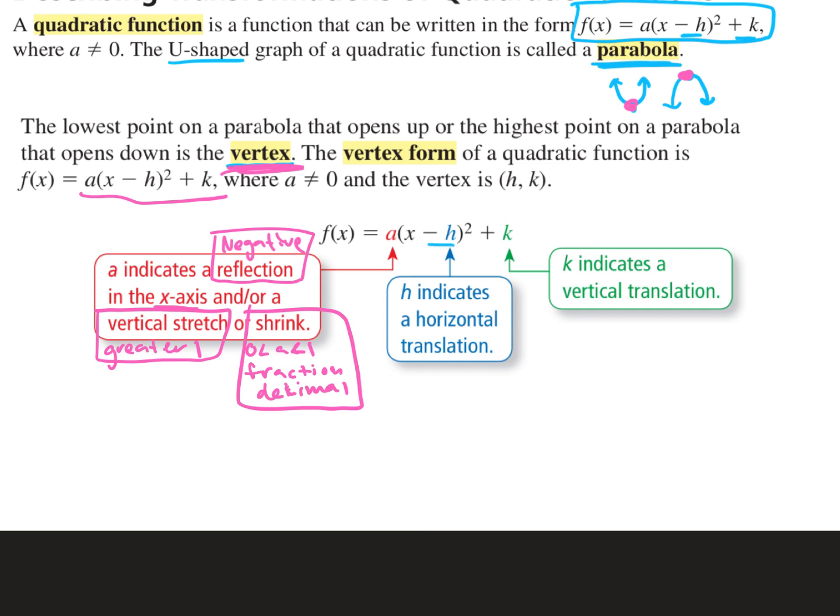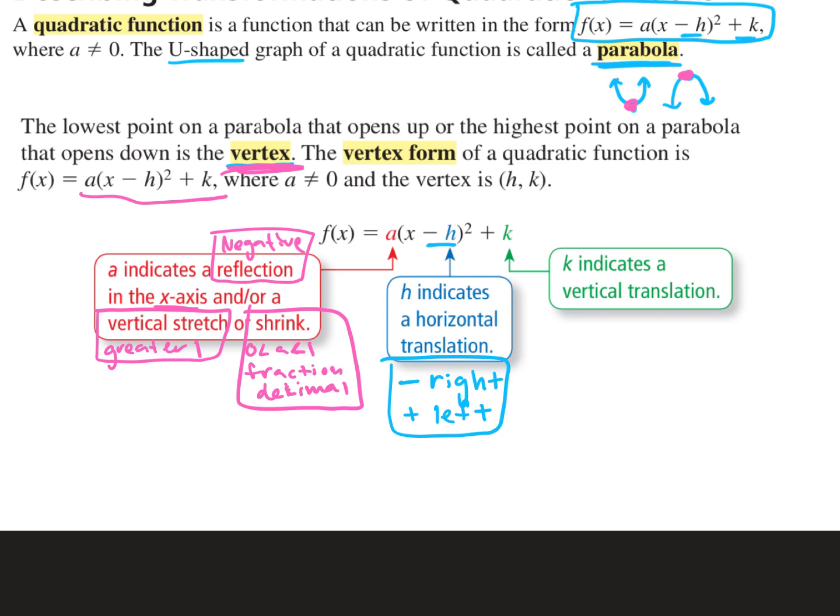Whatever we are subtracting on the inside, we have a horizontal translation. If we are subtracting a number, that tells us that we are moving to the right. If we are adding a number, we're moving to the left. So the number on the inside tells us if we're moving left or right, so we're moving horizontally.